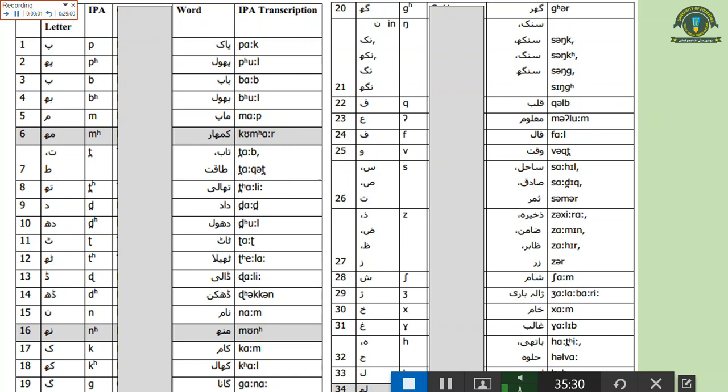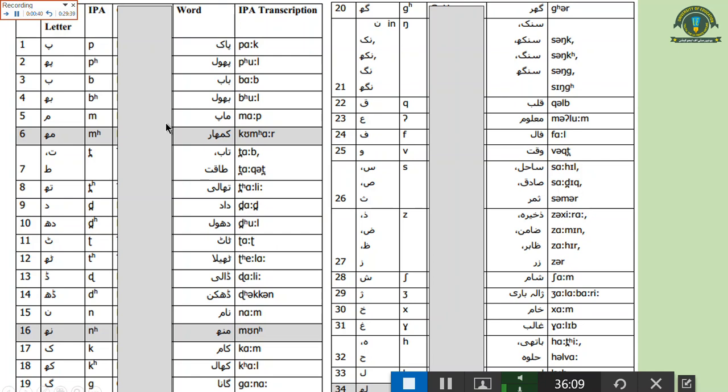So now let's look at the phonemic inventory here. In the first column you will see the letters, then in the second column you can see IPA symbols, like we have in English. In the third column you can see words, and in the last column you can see the transcription. It's your language, you can read all of these quickly.